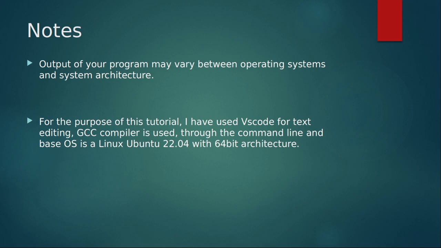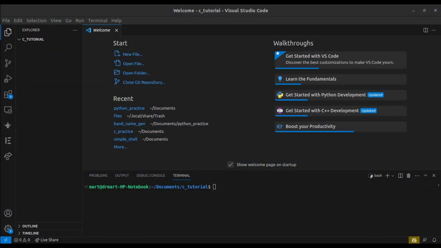Let me show you what my setup looks like. So this is VS Code. If you would like to use VS Code, you could just search on Google on the Microsoft website. You would see how you can download VS Code from the Microsoft website. So VS Code, right here, has a file explorer.